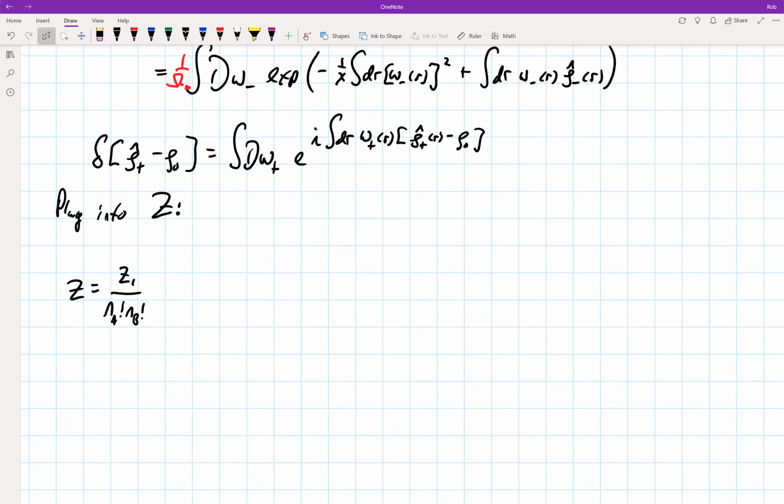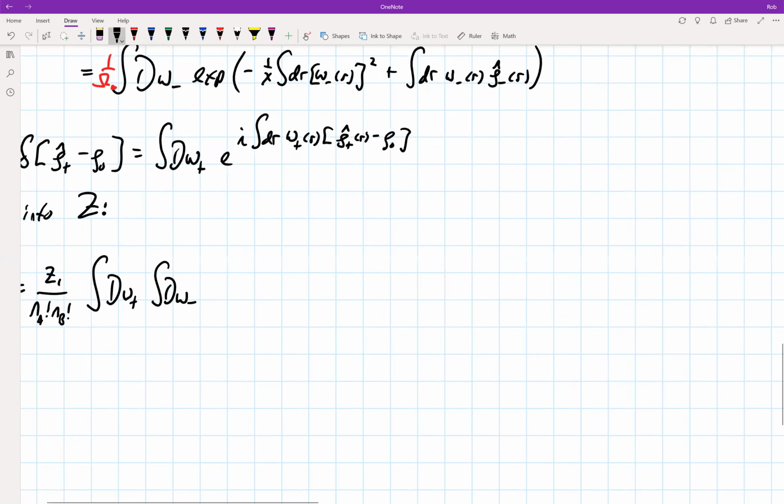And then what's going to survive, I'm going to rewrite. So we have an integral over W+, W-, and then I want to collect all the terms that only involve the fields. And so we'll have an exponential of minus 1 over chi integral dr W- squared of r, right? So that comes from the Gaussian integral at the top of the screen.